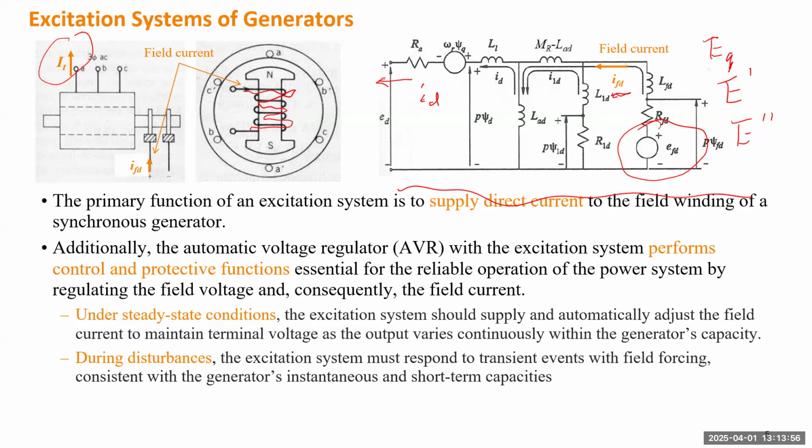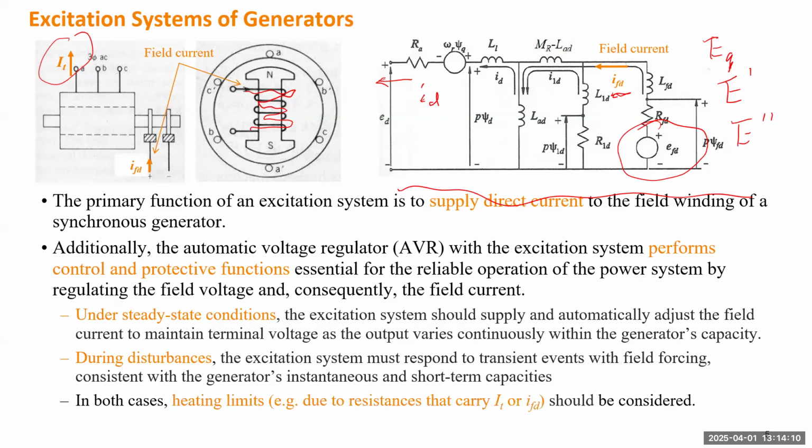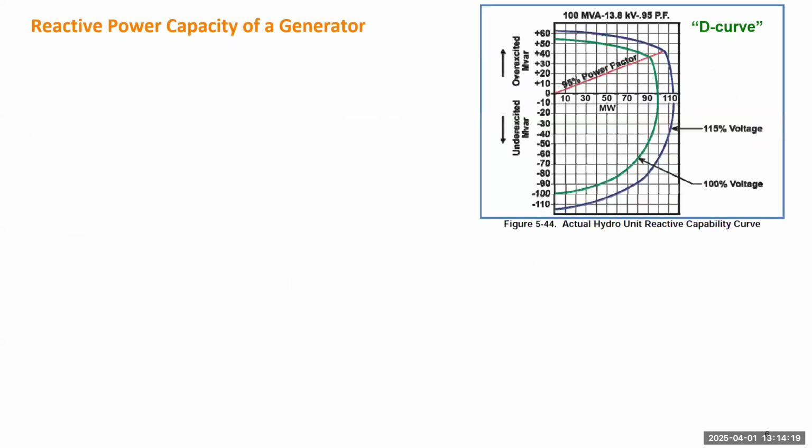So any current needs to have some limit. That limit actually determines the controllability of the generator. Going back to this voltage control, if the current becomes smaller, the rated power capacity of the generator also becomes reduced. So we need to consider the heating limit for both the terminal current and the field current. That comes with this figure, which is called the D curve or D chart of a generator.